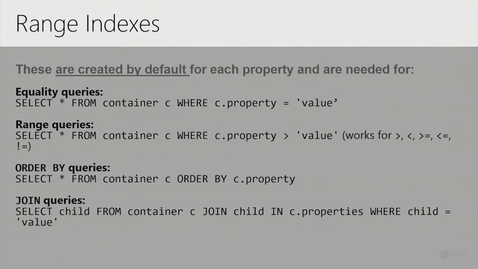It just does a reverse range lookup. It doesn't work here. You won't get the index being used. It can be an expensive query, okay? So for equality and range queries, you're going to need to look at your results and see if you use the index.